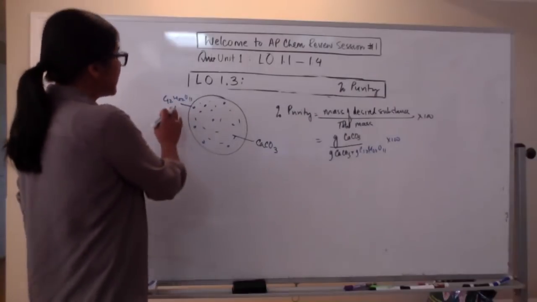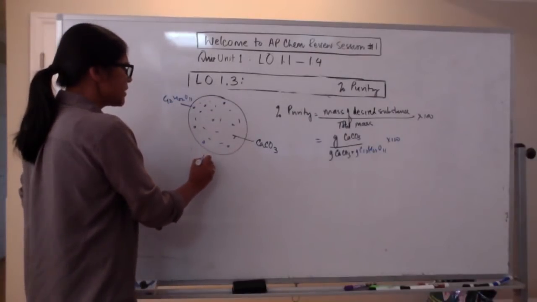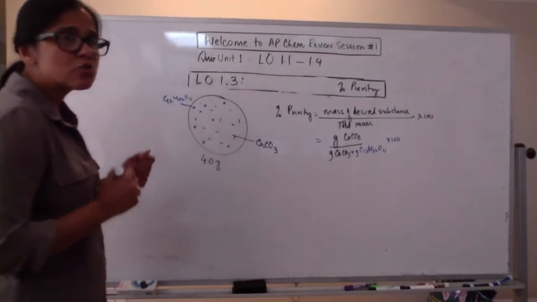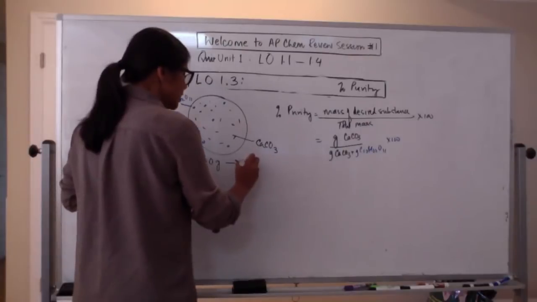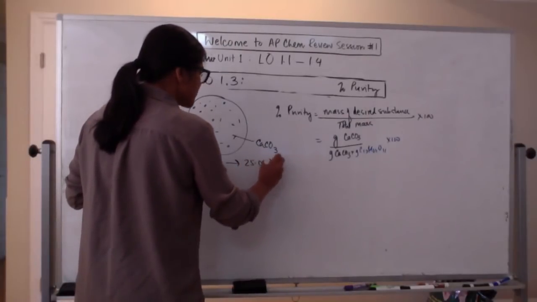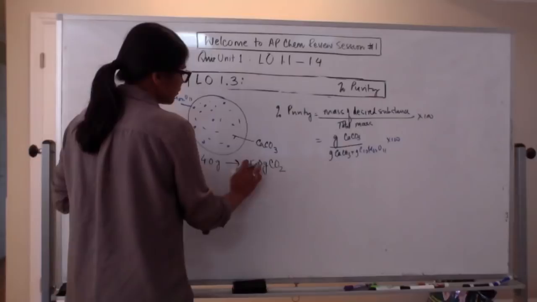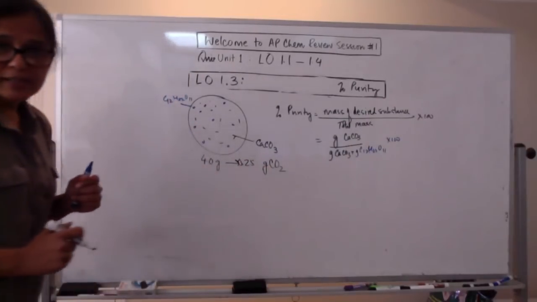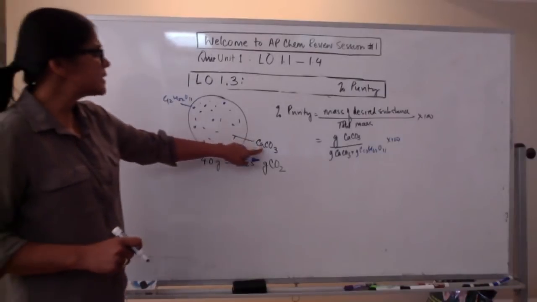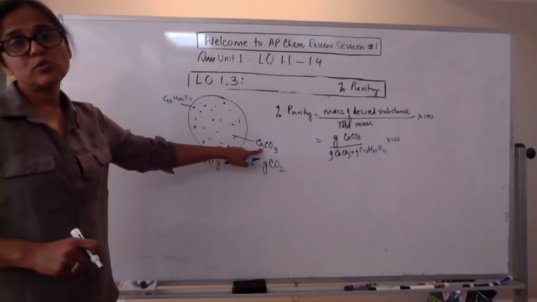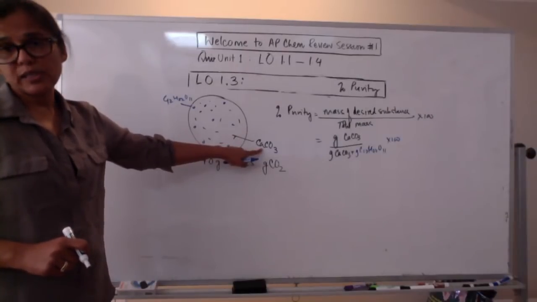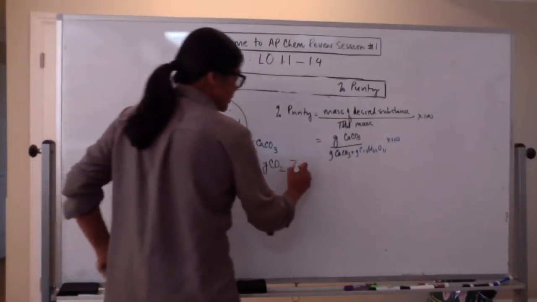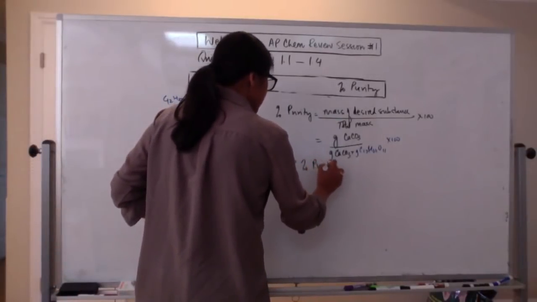For example, in this case, they will say maybe a 4-gram sample of impure calcium carbonate was treated and 0.25 grams of CO2 was generated. Only calcium carbonate reacted to produce CO2. What is the percent purity?